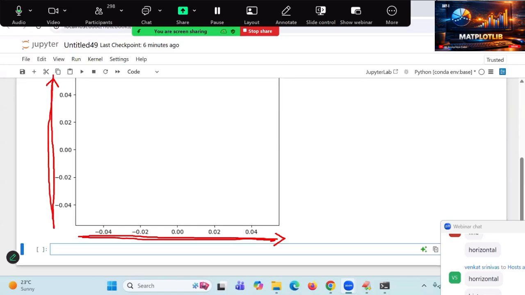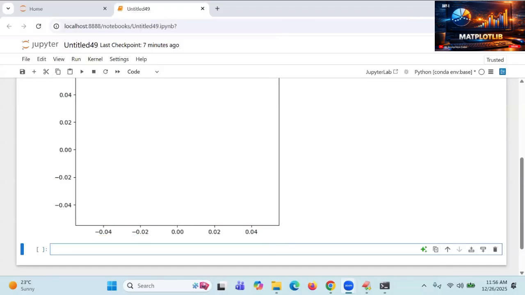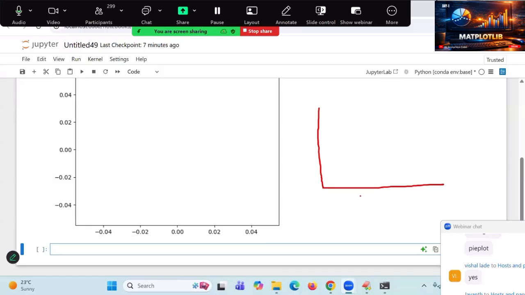What is this called? These values are called x ticks. Spell out x ticks. Ticks are nothing but what? Points. For example, this is my diagram. This is 1, 2, 3, 4. What is this called? X-axis. What is this? 1, 2, 3, 4.